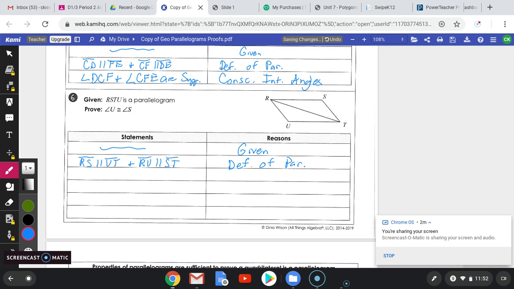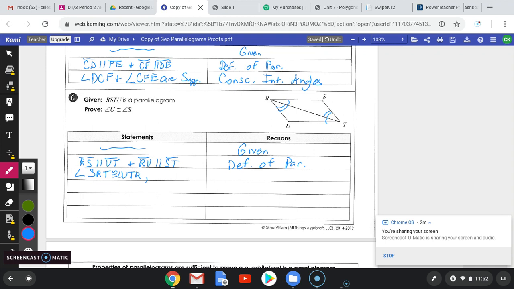Now, what does that mean? Well, remember, that helps create these alternate interior angles. So we can mark these down here. So we can say that angle SRT is congruent to angle UTR.